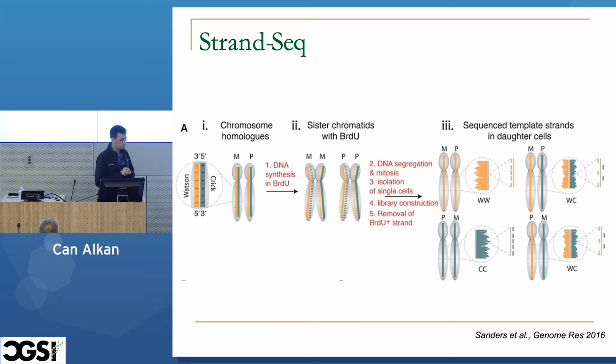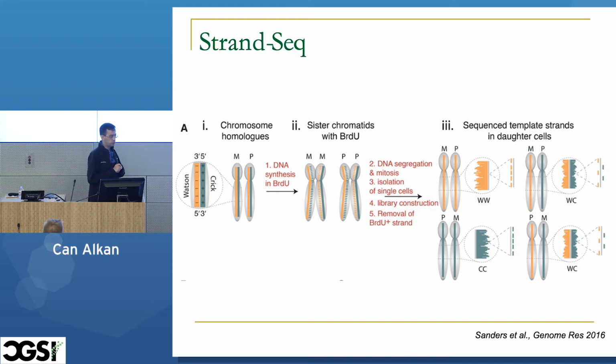Some cells are going to only have the Watson strand, some cells are going to only have the Crick strand. So now these will be single stranded cells, right? You don't have Watson and Crick strands in a cell. It's either entirely Watson or entirely Crick.